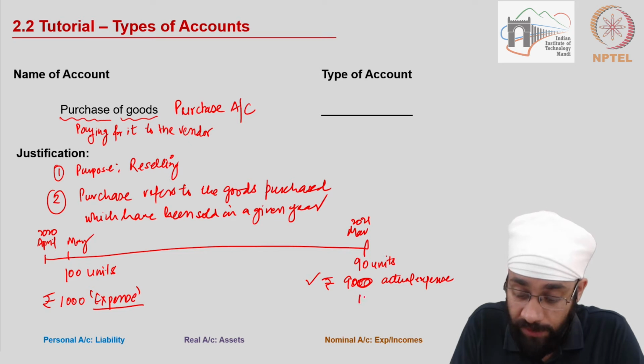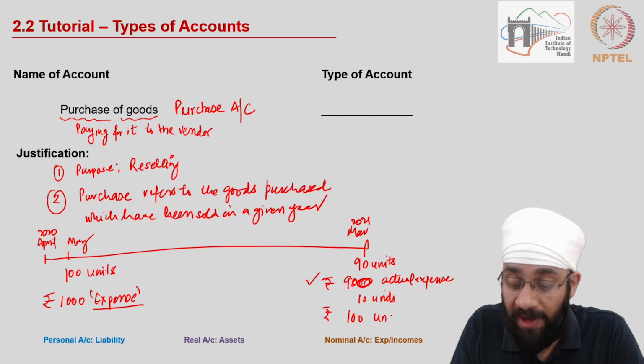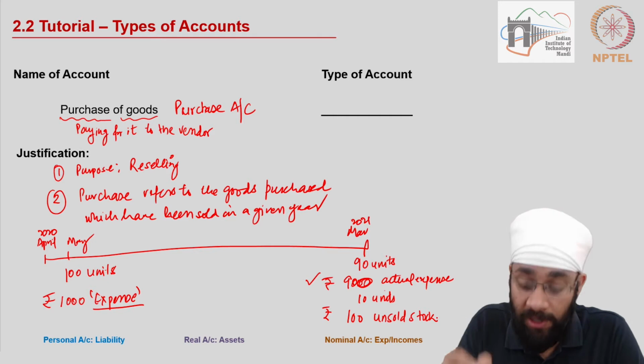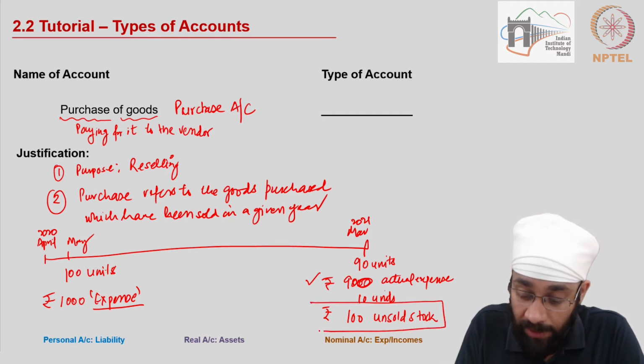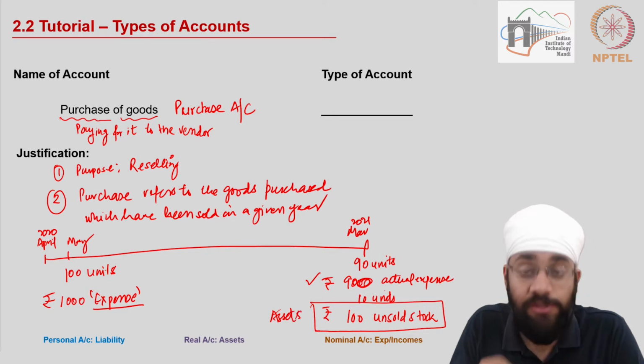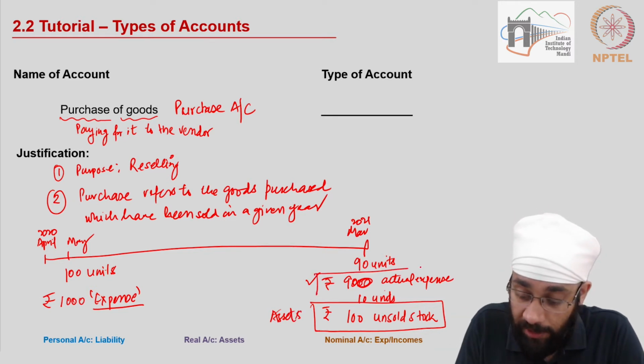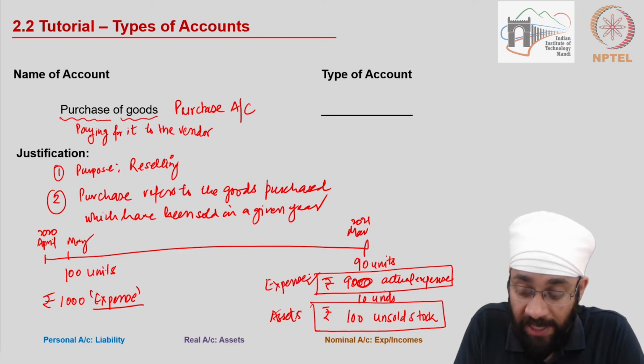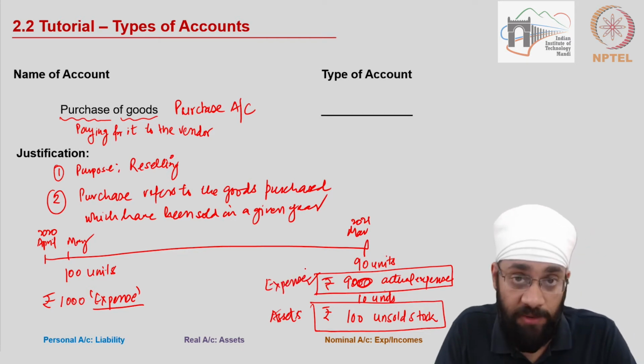Remaining 10 units, what happens to them? Remaining 10 units, so rupees 100 worth of goods, this is going to be unsold stock. This part becomes an asset. We know what is unsold stock, and this part becomes the expense because it has helped you generate revenue in the current period.